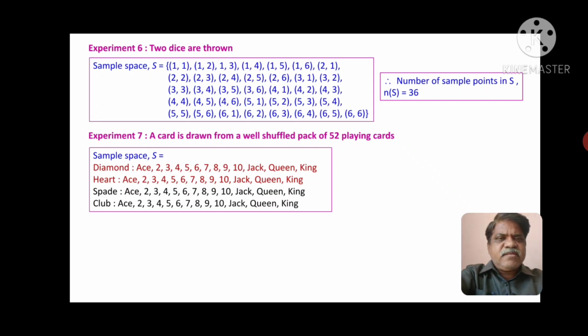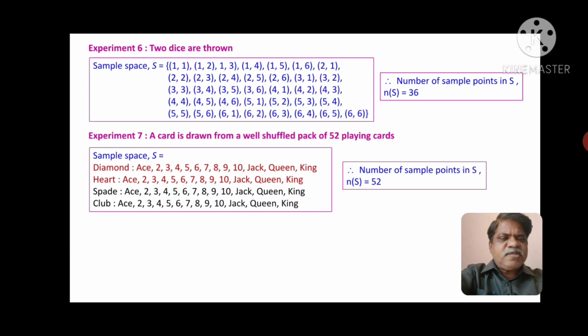In each you will get 13 cards from Ace to King: Ace, 2, 3, 4, 5, 6, 7, 8, 9, 10, then Jack, Queen and King, for each of diamond, heart, spade and club. Therefore, the number of sample points in S is n(S) = 52. If you count this, you get 52, that is 13 into 4 types of cards, so 13 fours are 52.